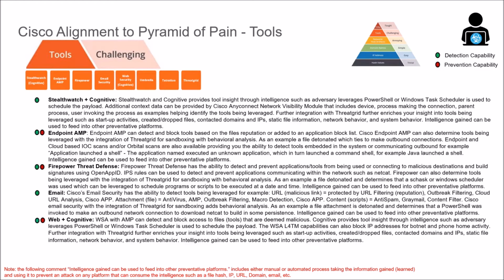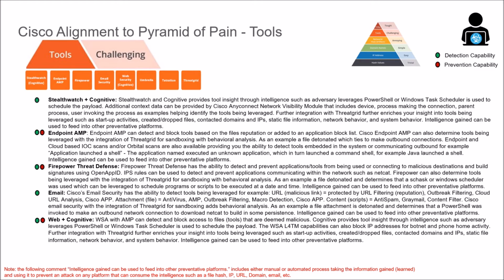Further integration with Threat Grid, again, you'd be able to detect startup activities, created or dropped files, contact domains, static information, network behavior, system behavior, etc. Intelligence obviously gained here is going to be fed into preventative platforms.